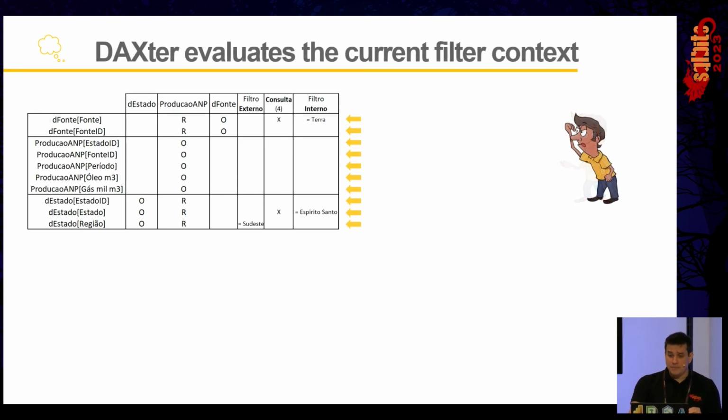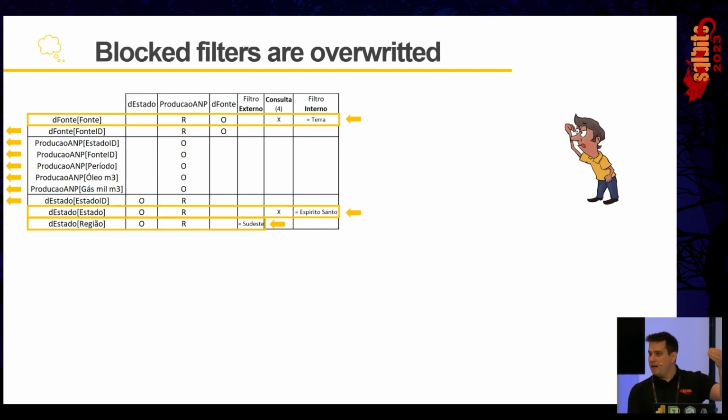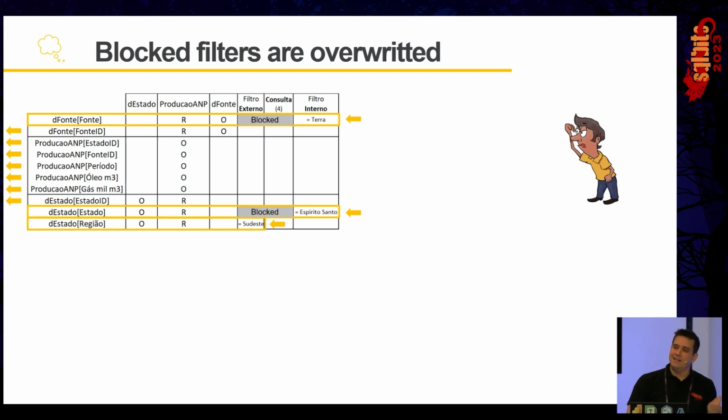And this Daxer, first thing, gets the expression and has to evaluate what the current filter context is. So he looks up the power matrix, and for each lineage in your model, he puts an arrow and sees it. Whenever there is a value or there is a filter, it stops. And whatever is behind that value gets blocked. That's the blocking semantics, okay?